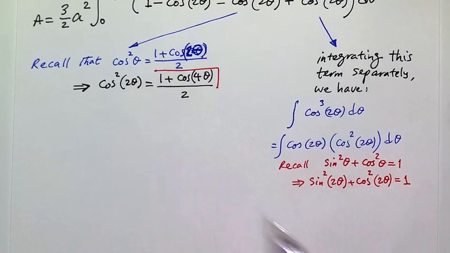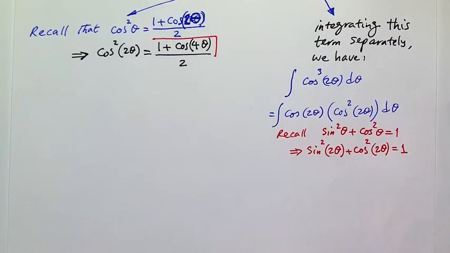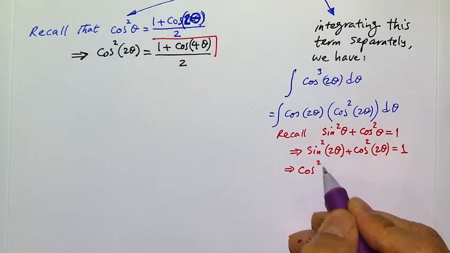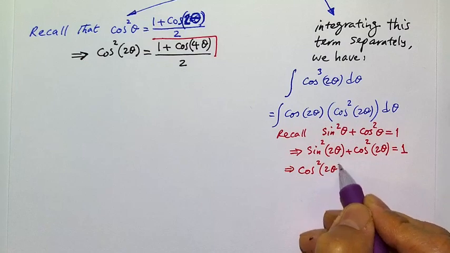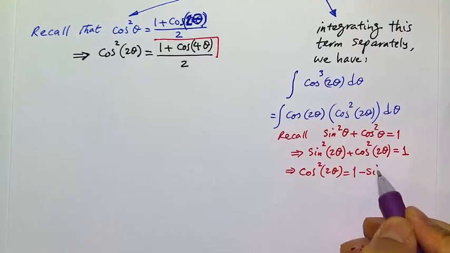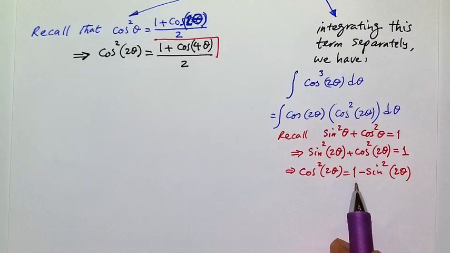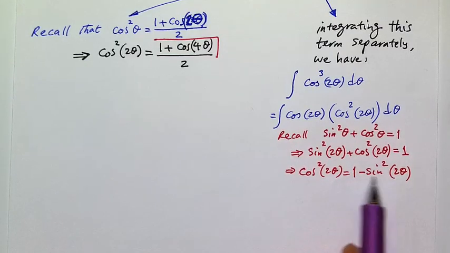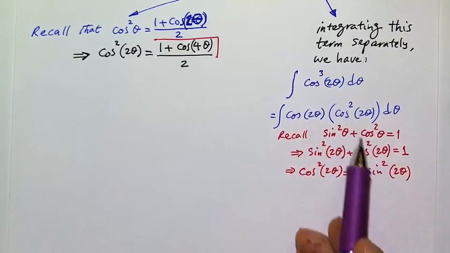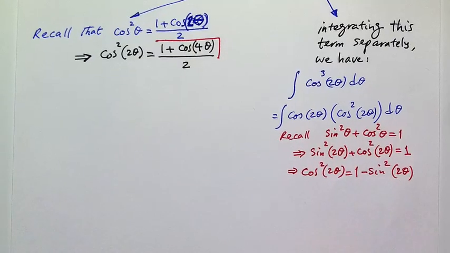We're just going to use our theta for that, which is 2 theta. Based on this, cosine squared 2 theta, which is what we have up here, is equal to 1 minus sine squared 2 theta. So now we're going to plug back in here, instead of cosine squared 2 theta, this term, 1 minus sine squared 2 theta.